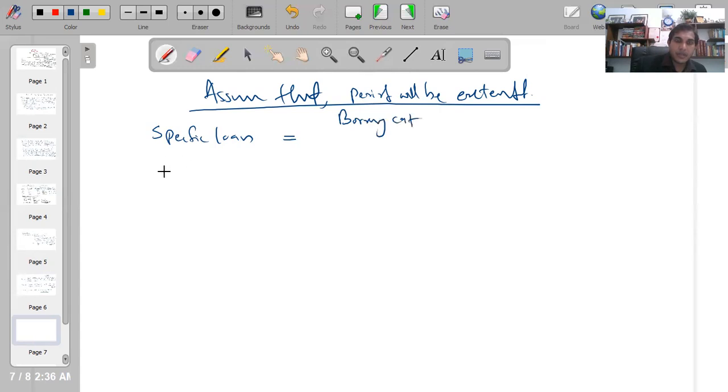In the pool there are basically two loans applicable.